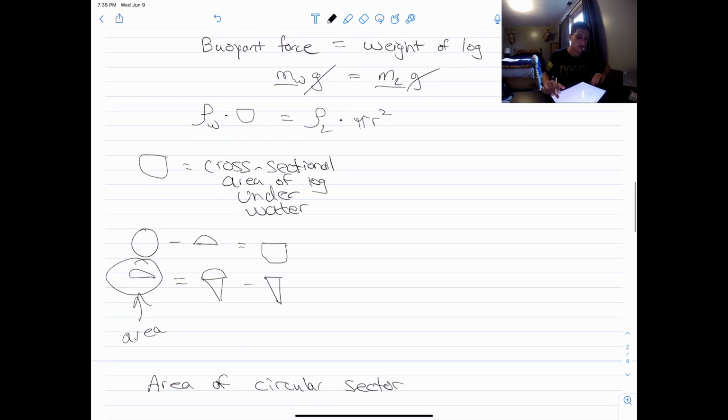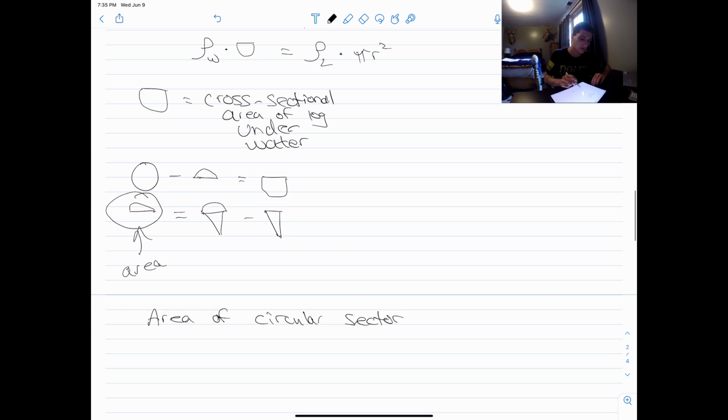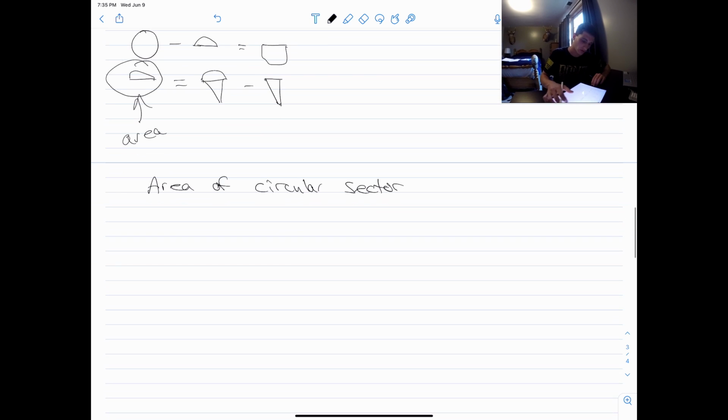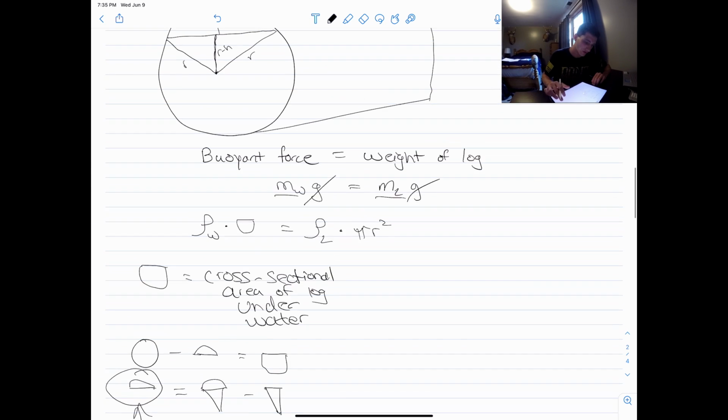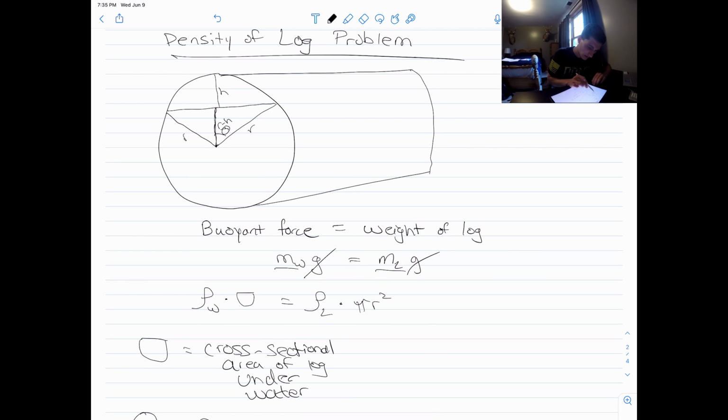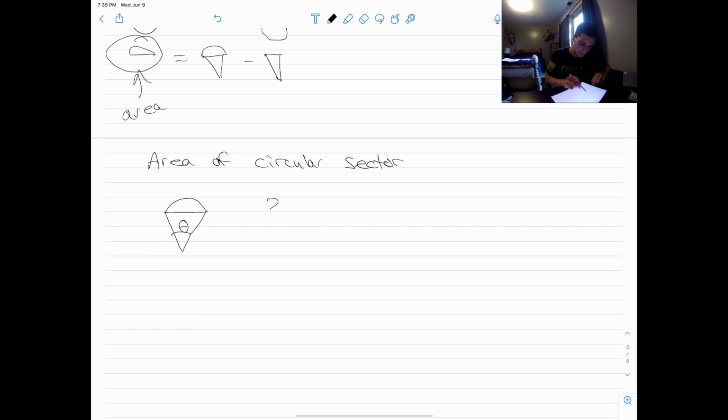Well, the area of the circular sector is the angle. I'm going to redraw this. This angle, this is theta, and this is theta, so we'll call that 2 theta, divided by the number of radians in a circle, multiplied by the entire area of a circle, which is pi r squared.